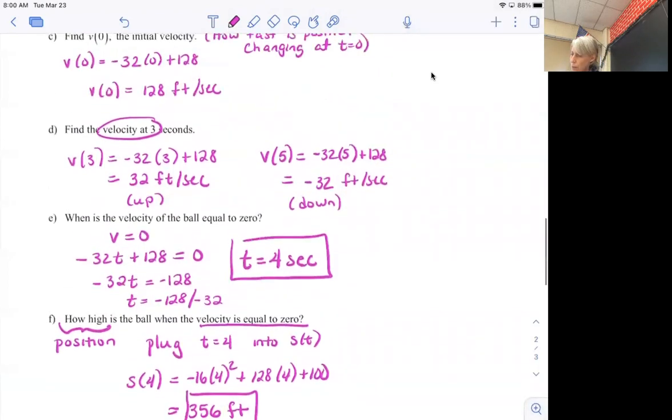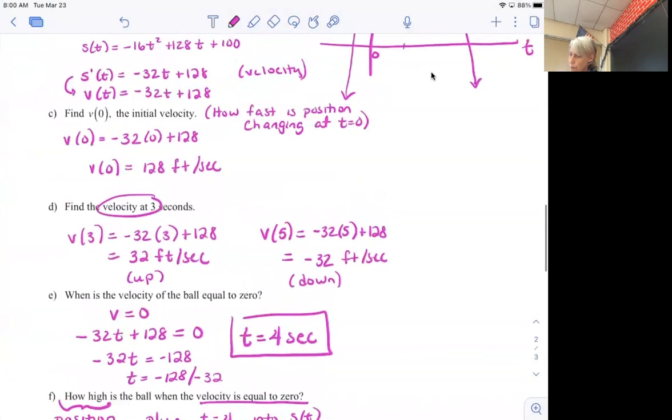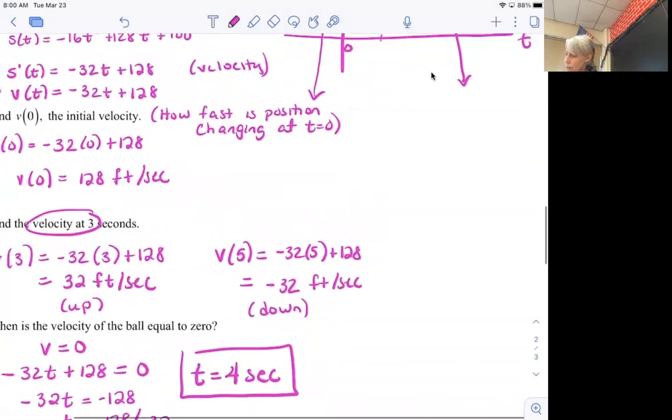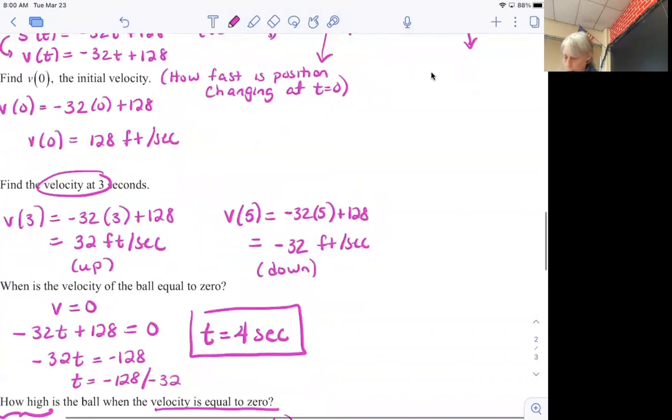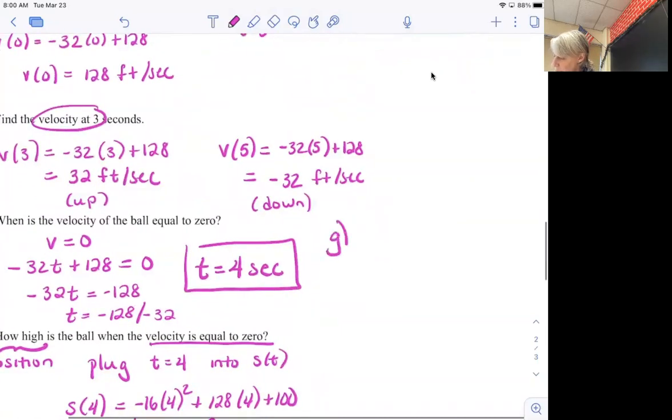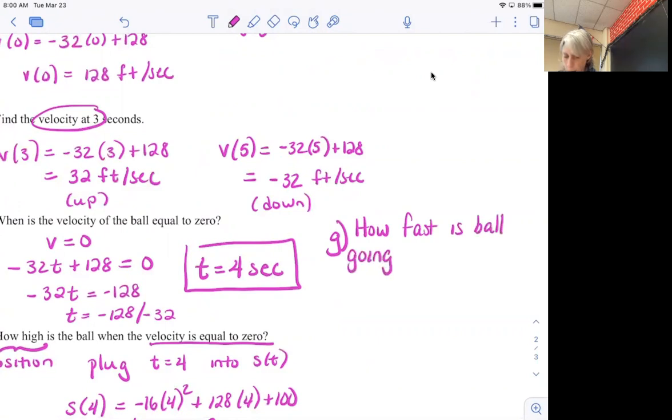Let's add on a part here. What is this, part G? Let's add on. How fast is the ball going when it hits the ground?